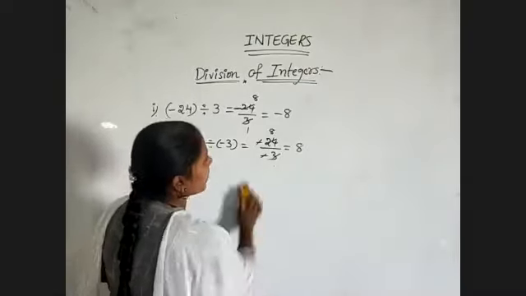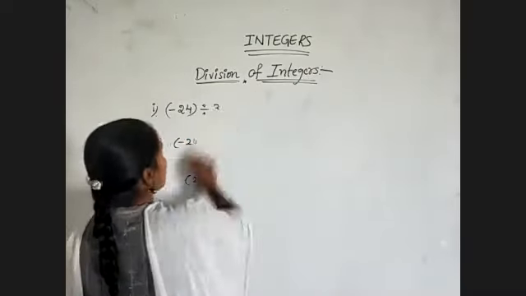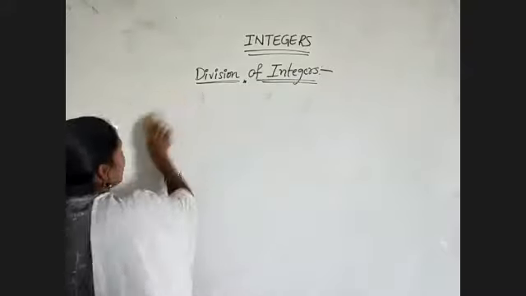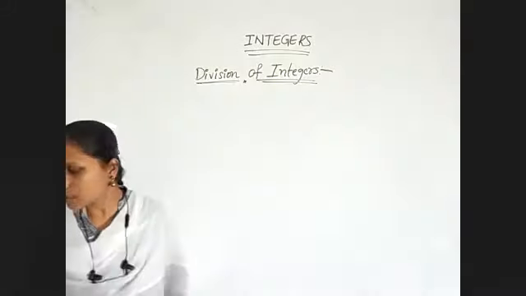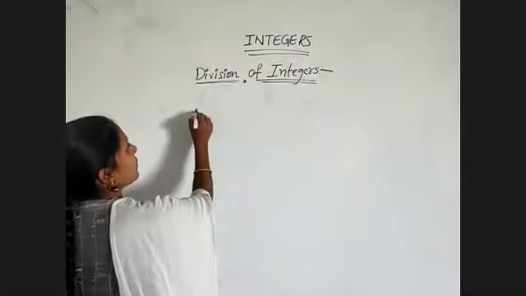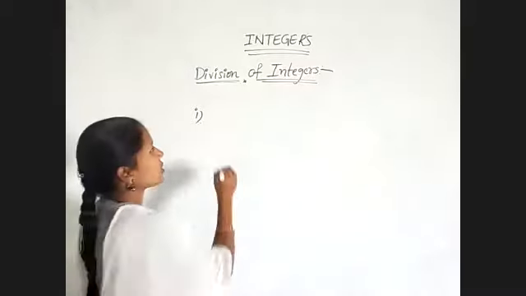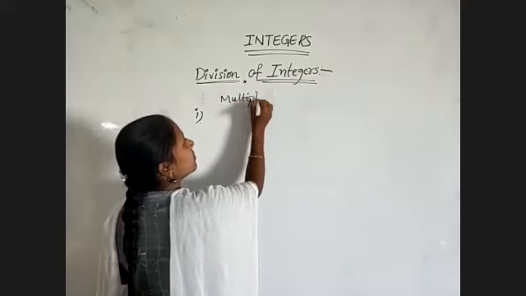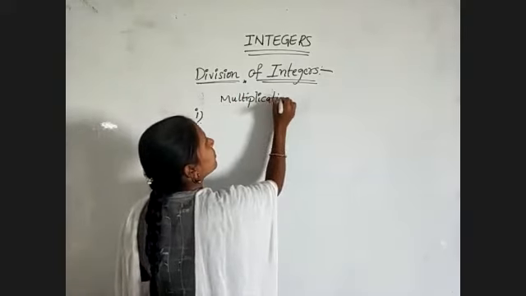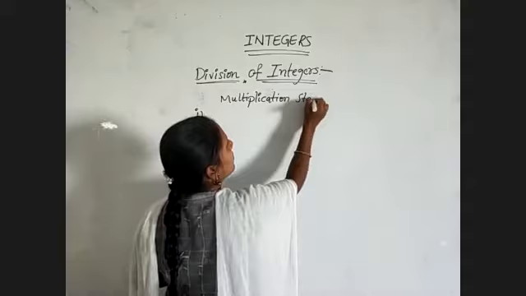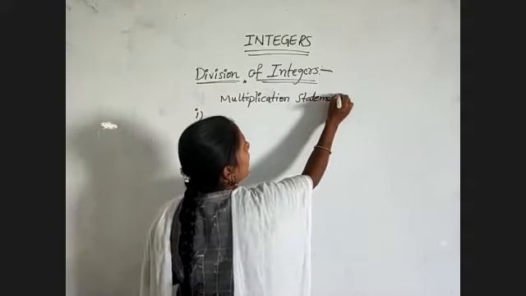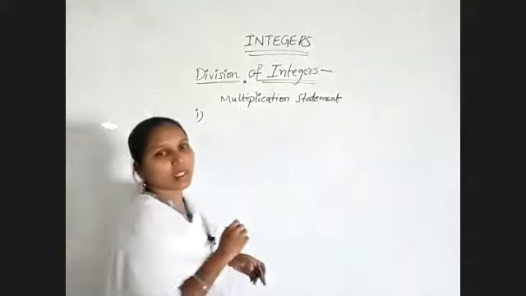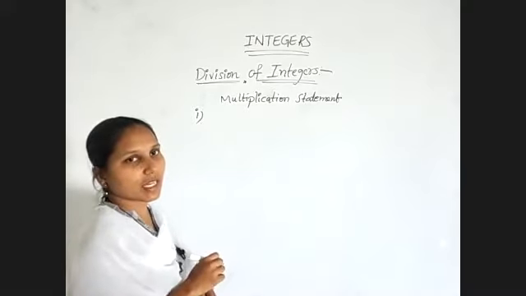Now coming to another topic. If I give one multiplication statement, suppose I am taking both integers positive. And for this, what will be the division statement we will get, we will see.